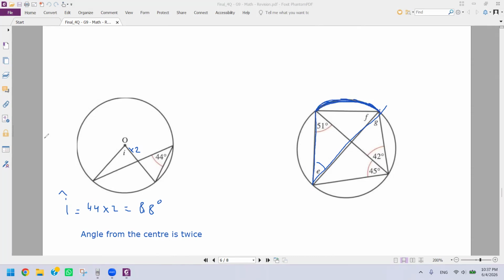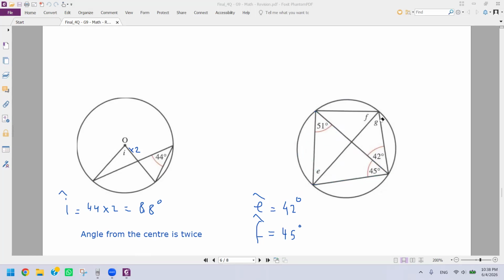Do we have another angle coming to that arc? Yes, we have 42. What does that mean? E is equal to 42. Now let me check F. What's the arc of F? This one. Do I have another angle also coming to that arc? Yes, look, 45. So F is equal to 45 degrees.